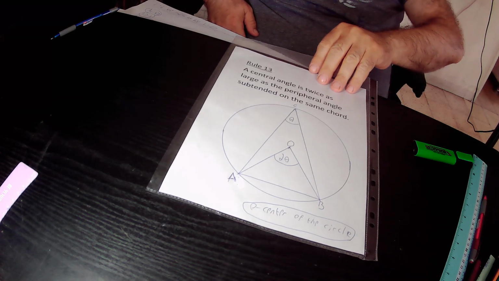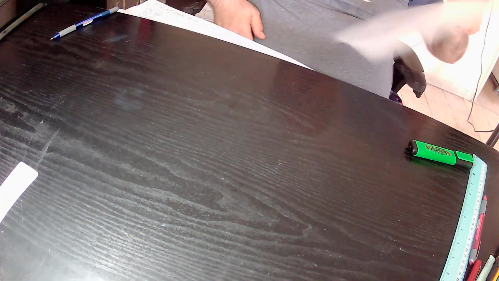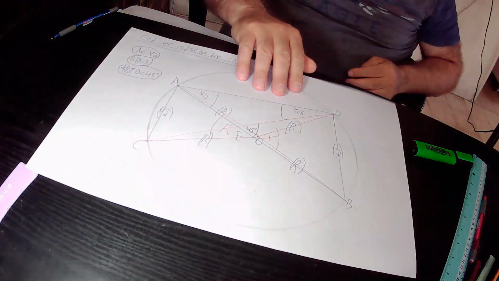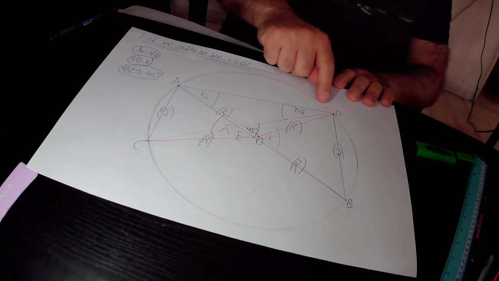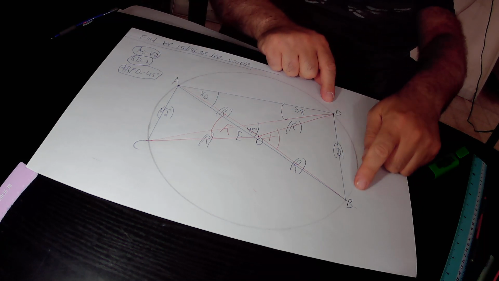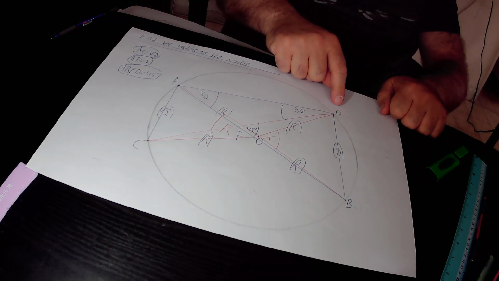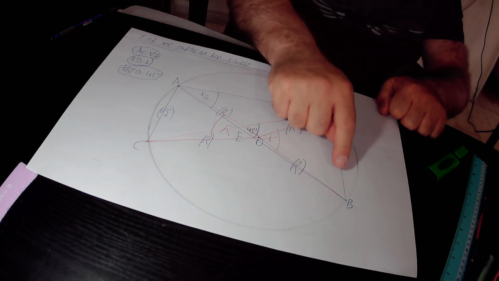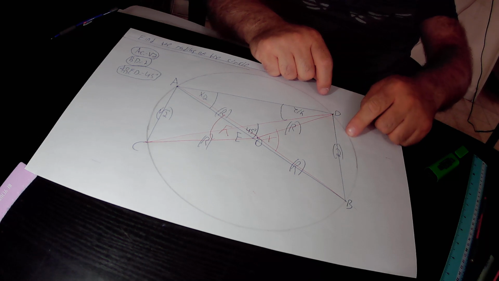So we can actually implement rule 13 in our drawing. Why? Because in our drawing, this is peripheral angle DAB. Peripheral angle DAB is subtended on chord DB. And we have also center angle DOB. Center angle DOB is also subtended on the same chord called DB.